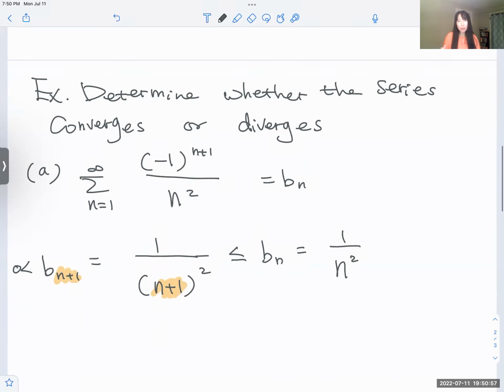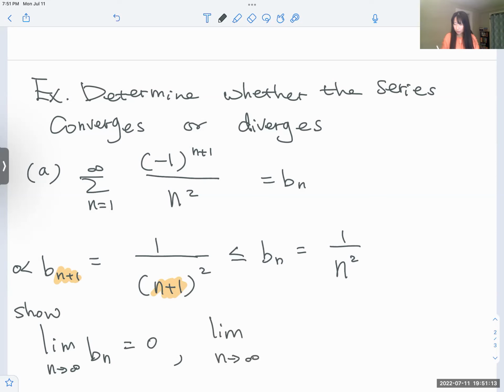All right, now take the limit. And now we're going to show that b sub n equals 0. Take the limit when n approaches positive infinity of 1 over n squared. What do you get? Is it 0 or something else?